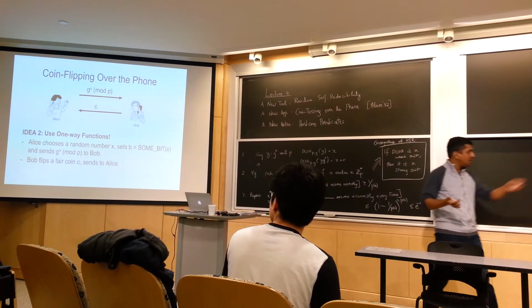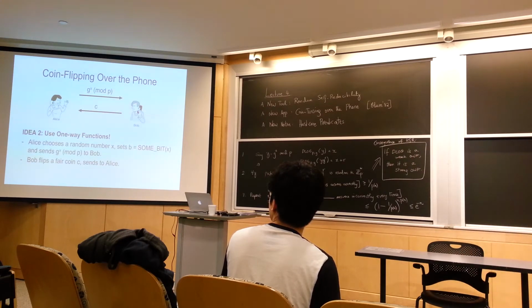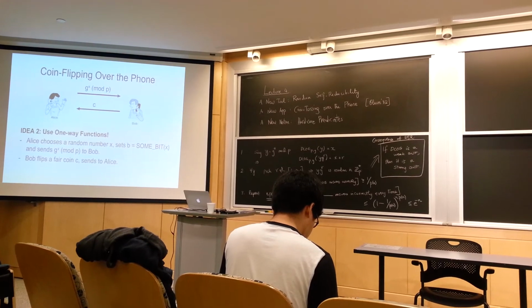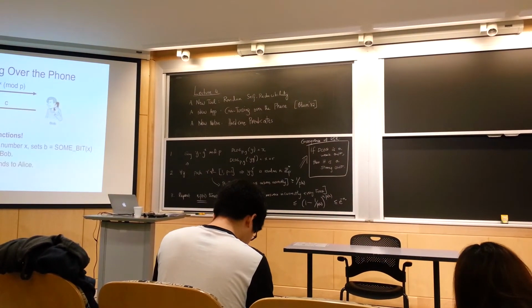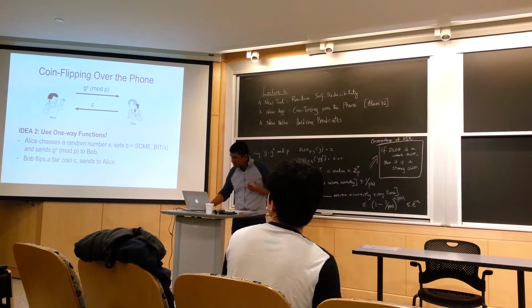Bob flips a fair coin, sends it to Alice. Now, note that Bob doesn't necessarily know what B is, because he knows g to the x. And what is some bit of the discrete log? It's not clear. So he flips a fair coin, sends it back to Alice, and now what does Alice do?